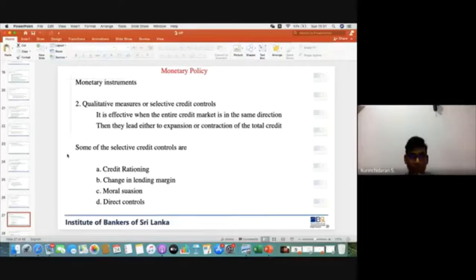What are those? Maybe credit rationing, change in lending margin, moral suasion, or direct control. We can use these four qualitative measures to reach our ultimate expectation. We will see them one by one.